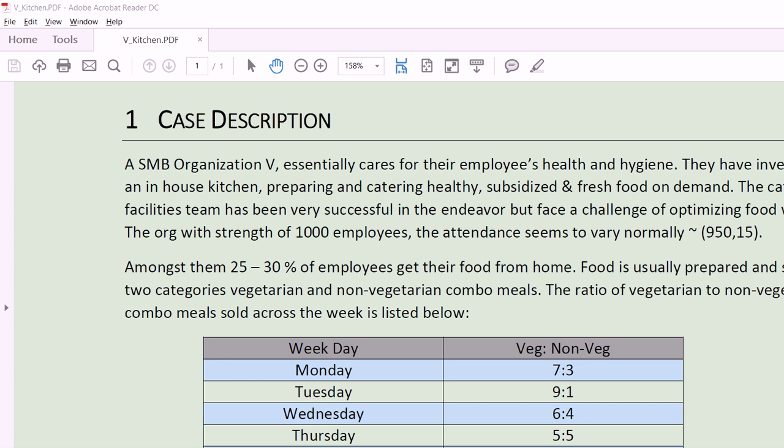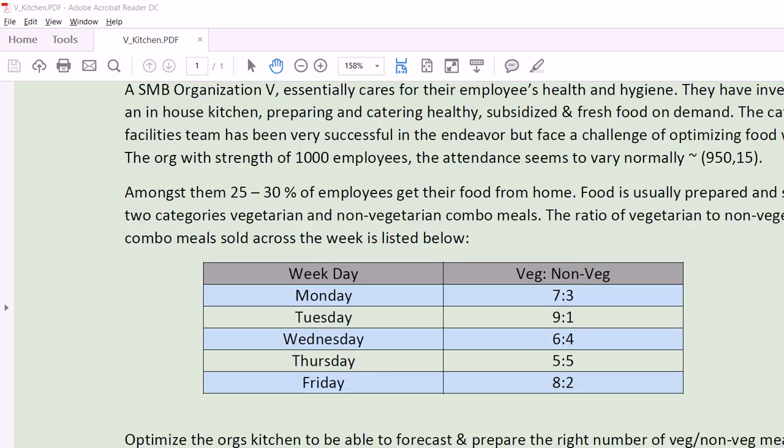Food is usually prepared and served in two categories in that organization. There are vegetarian and non-vegetarian combo meals. The ratio of each of them is as per this table. For each of the days it varies across the day. So on Monday, let's say it's 7:3 between the veg and the non-vegetarian meals that is prepared by the kitchen, and so on and so forth.